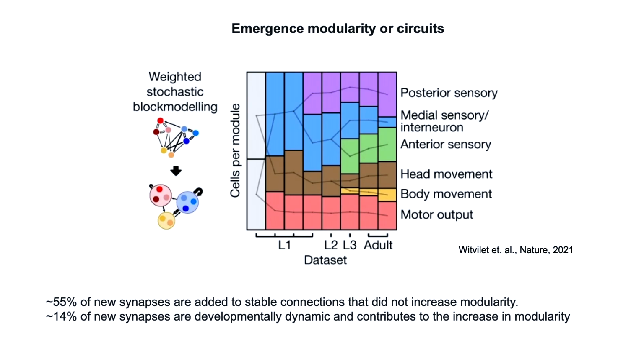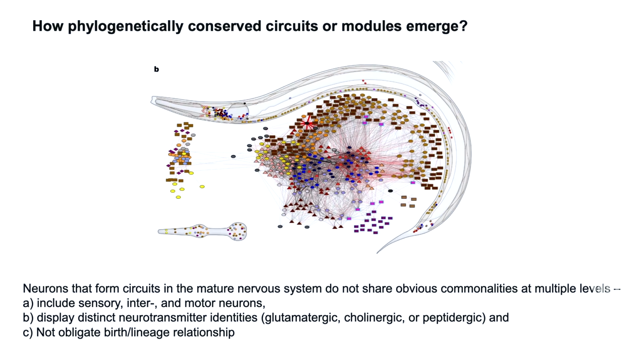So, again, I think I will stop here. As I mentioned, there is modularity, or circuit information. So the next question we can try to understand is how physiologically conserved circuits or modules emerge, because the modules or circuits do not necessarily include neurons that are born together or have any commonality between them.